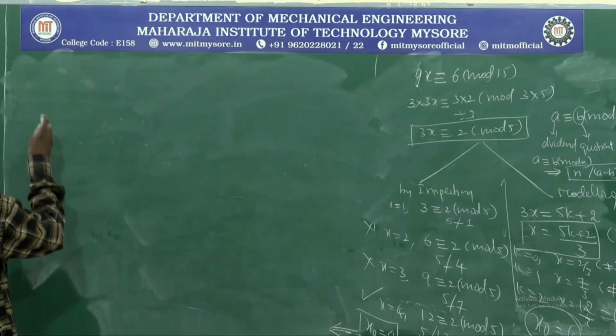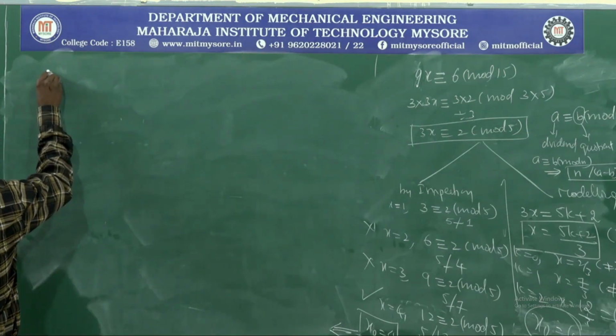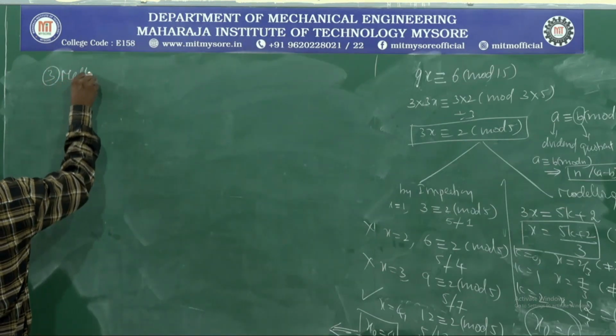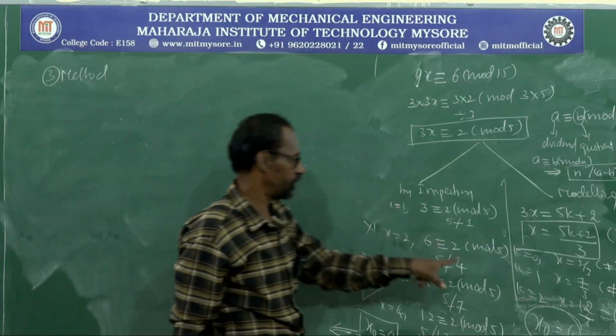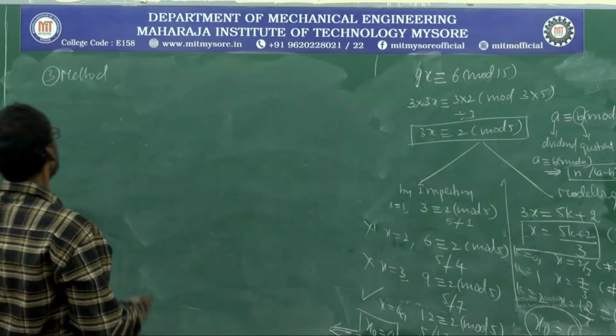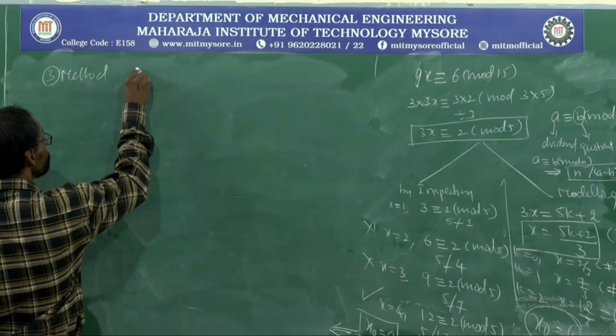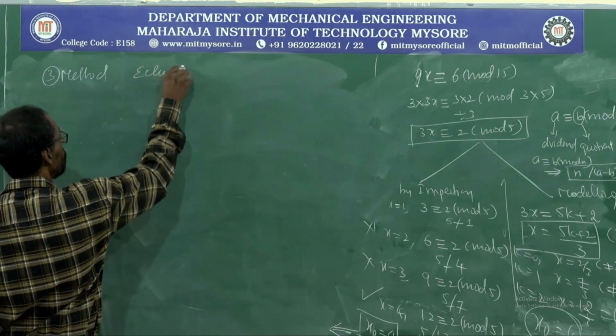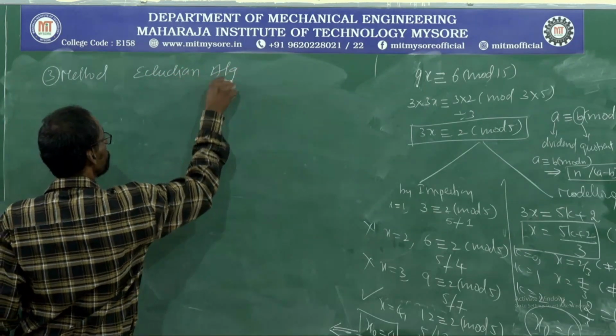I can show you one more method, the third method. The first method is inspection, the second method is modeling, and the third method is using the Euclidean algorithm.